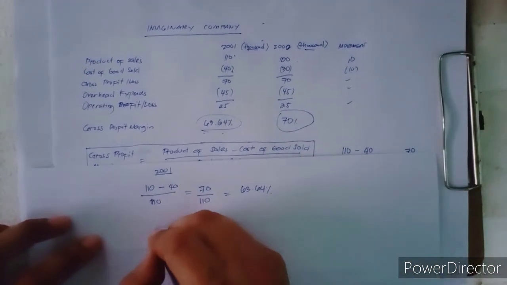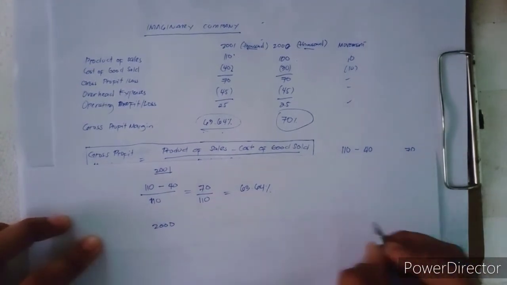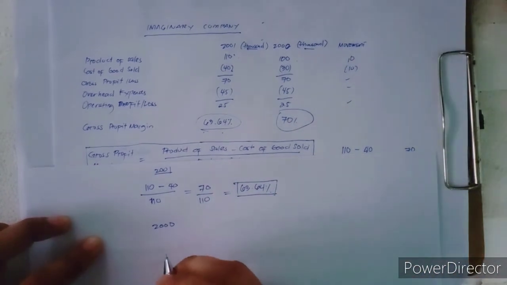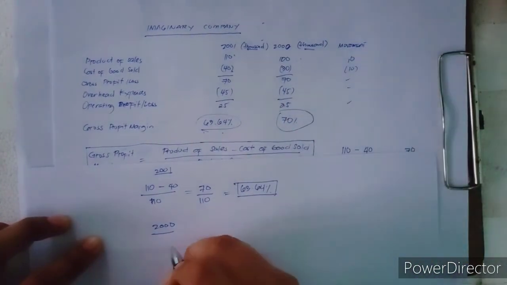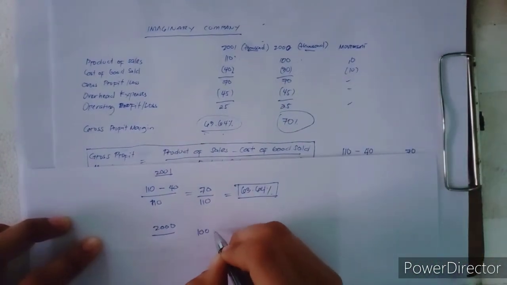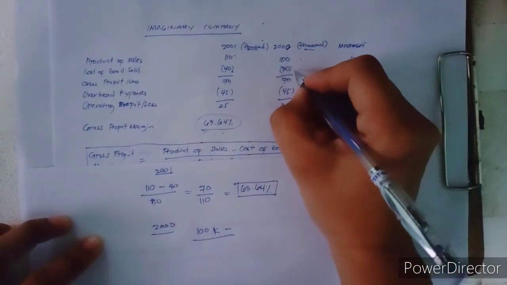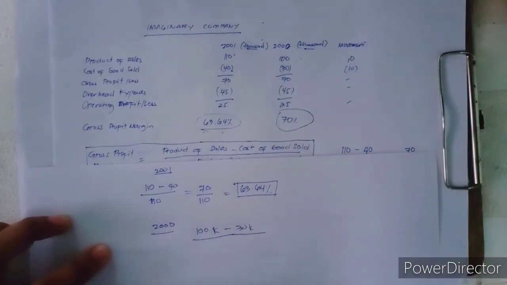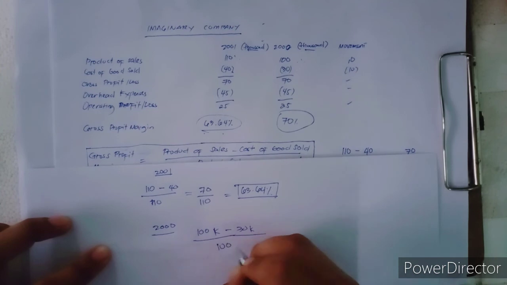So in 2000, our product sales are 100,000, minus the cost of goods sold of 30,000, divided by the whole product sales of 100,000.